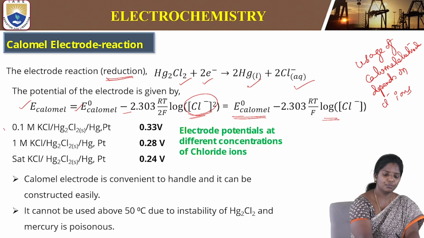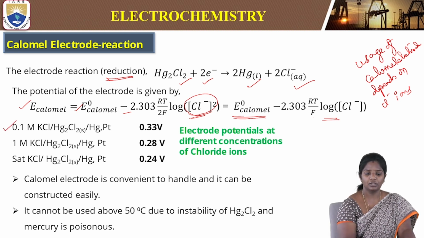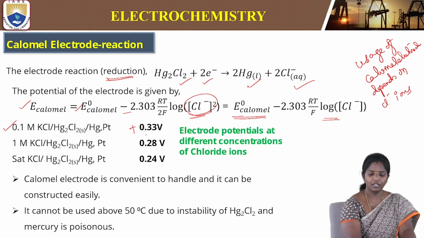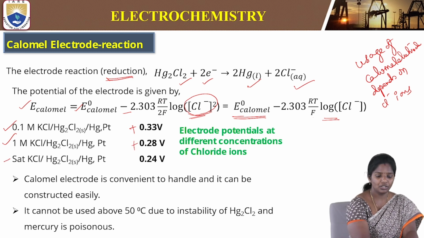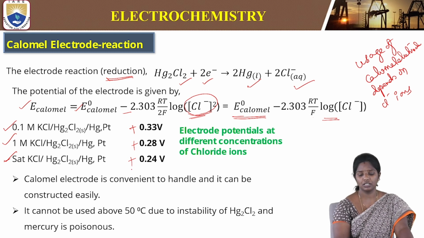So when 0.1 molar KCl is used, the potential will change because it all depends on the concentration of chloride ions. It is 0.33 volt. When the concentration is 1 molar, it is plus 0.28 volt. When it is saturated, it is plus 0.24. What is saturated?